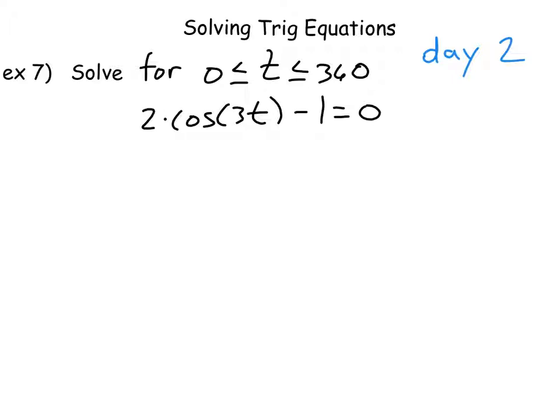On this one, what I'm hoping that you're seeing is the new element to this one is that 3t. You're going to see that that's not really something we deal with until the end. So I add 1, and then I divide by 2.